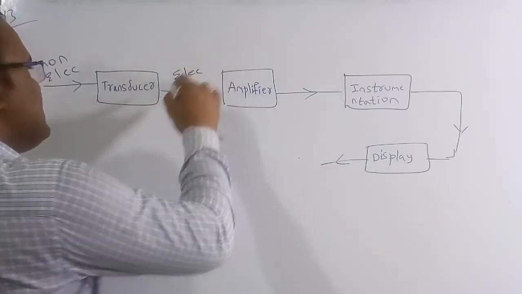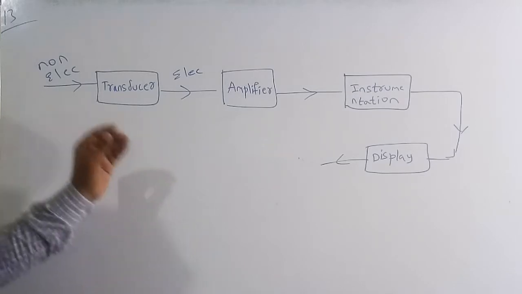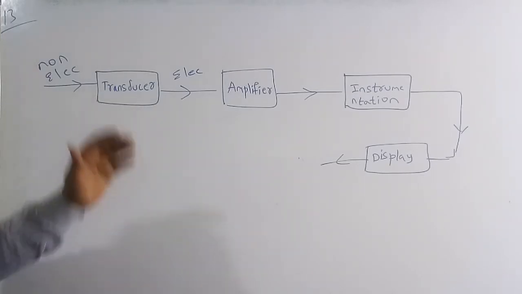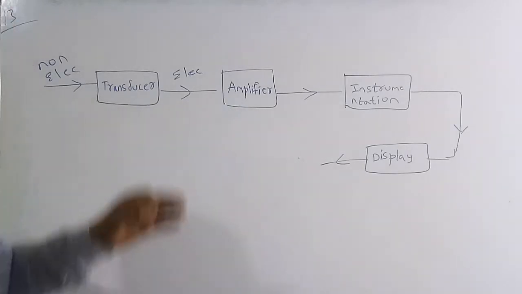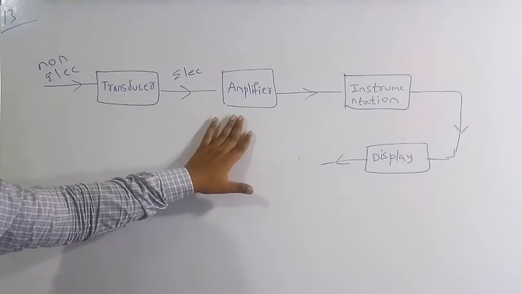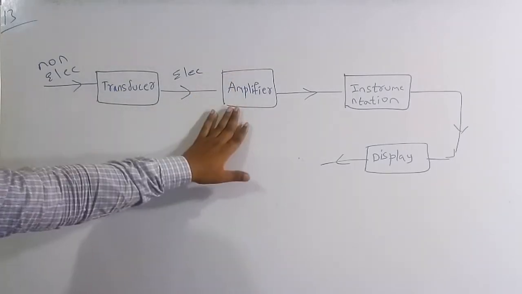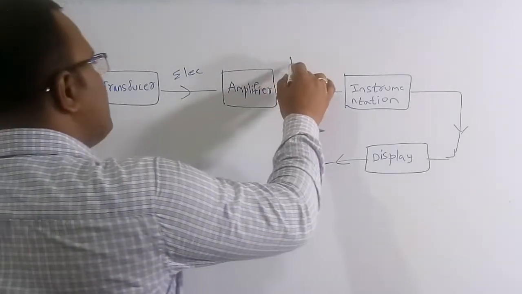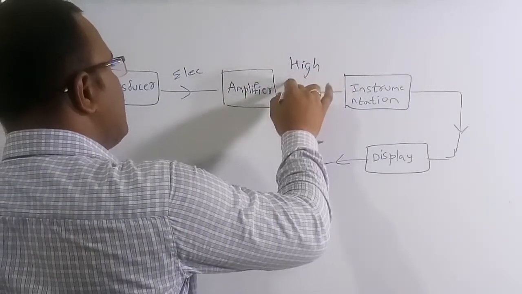Whatever electrical quantity we got might be a low amplitude signal, or we can say a low power signal, but we want a high power electrical signal. For that reason the amplifier is going to do that function, so second we have to keep an amplifier. The amplifier converts this low power electrical signal to a high power or high amplitude electrical signal.